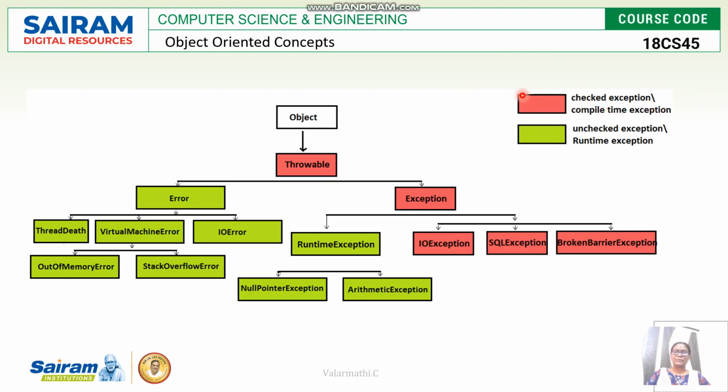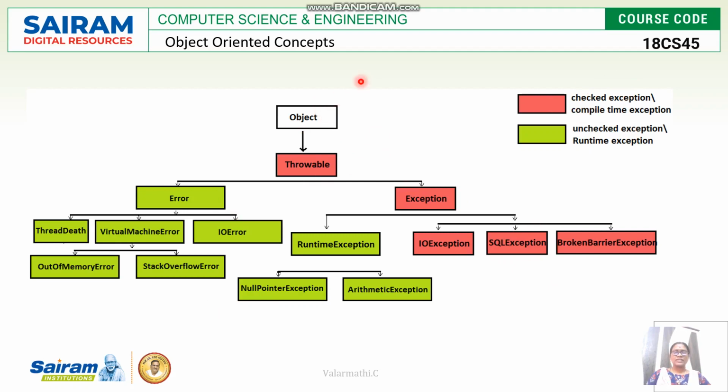If it is not predicted during compilation, it will be found in the execution time. That kind of exception is called an unchecked exception. So it is differentiated color-wise. Unchecked exceptions are displayed in green color, and checked exceptions are shown in red color.